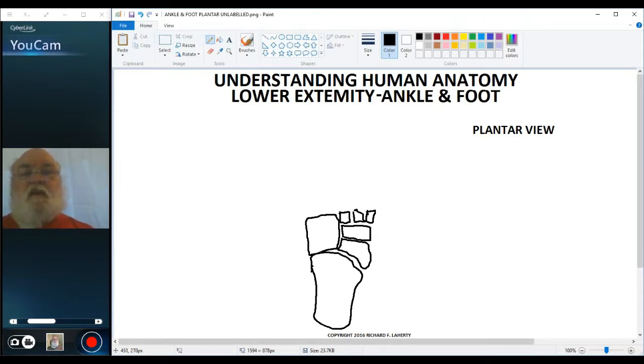and then we'll draw in the metatarsals, starting with metatarsal number 1.